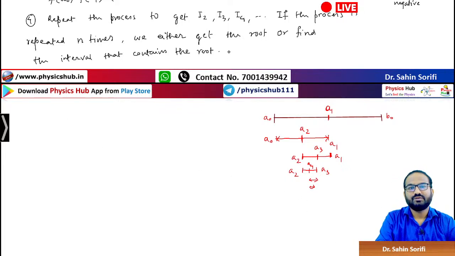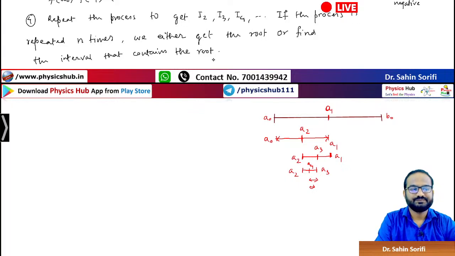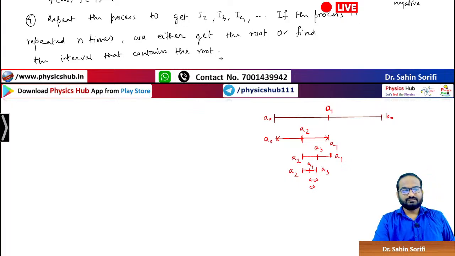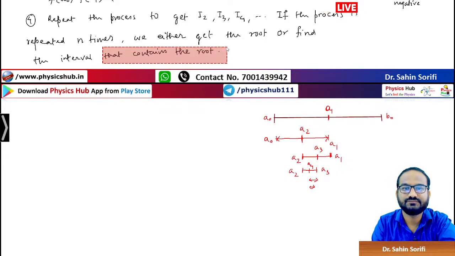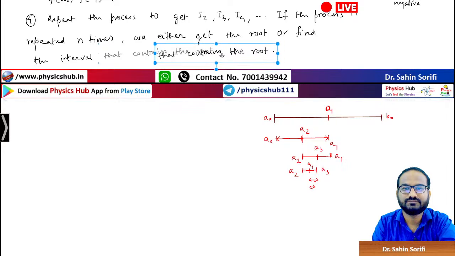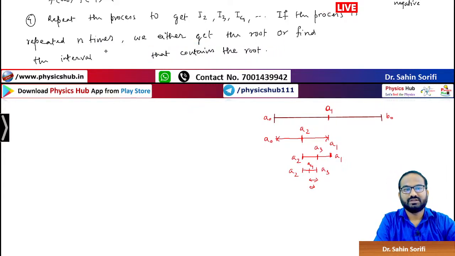If you repeat this process n times, what will be the interval finally? Can you tell me? Look, the initial interval was b naught minus a naught.